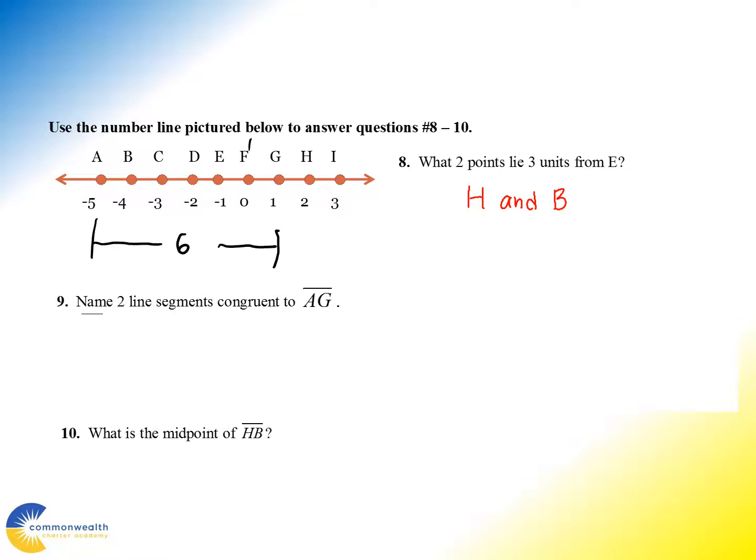If I start at F and go this way, I don't have any more points beyond I. So if I move 6 this way, starting at B, I have 1, 2, 3, 4, 5, 6. I would stop at H. So BH would be one. And I could say the same thing if I start at C and move 6 units: CI would be another one.